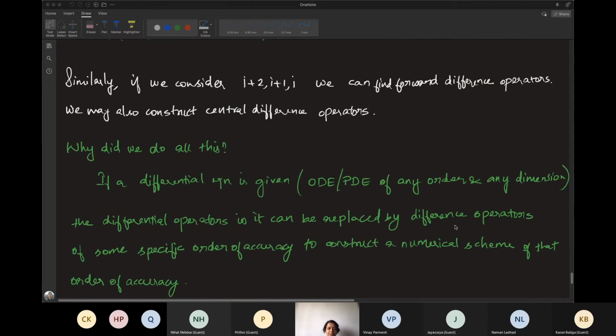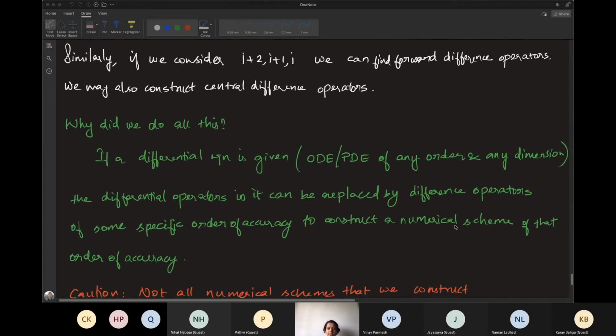So now, why did we do so much? If you are given some ODE or PDE, you will have some differential operators. In that, you can replace the differential operators by some difference operators that you are going to obtain in this way.